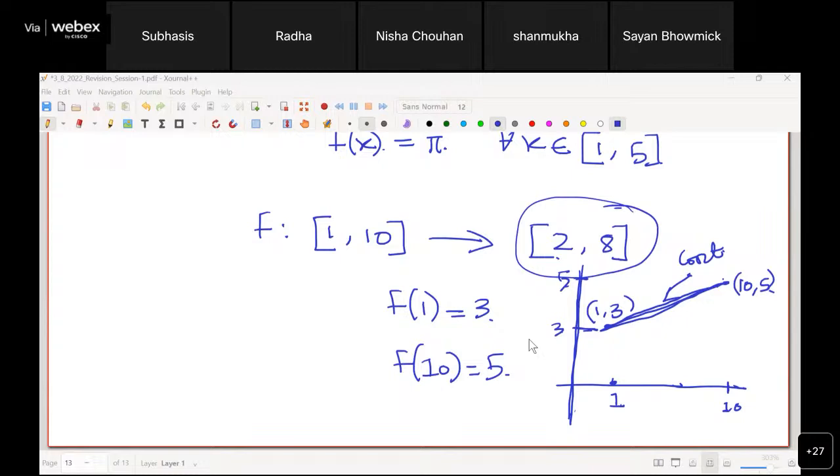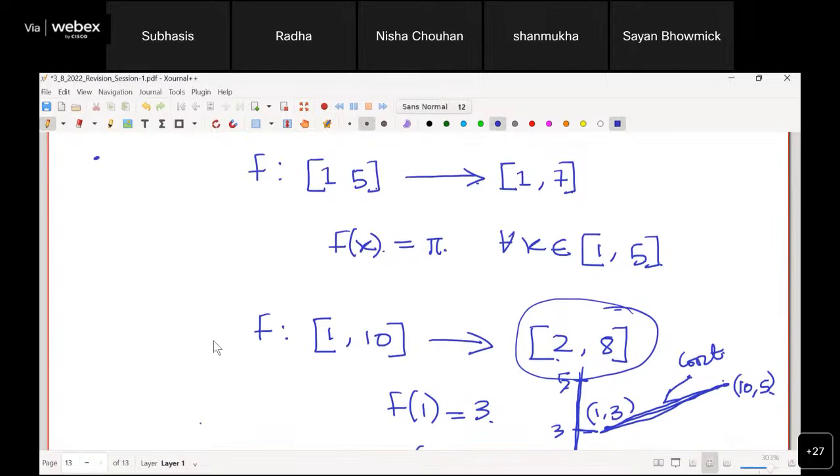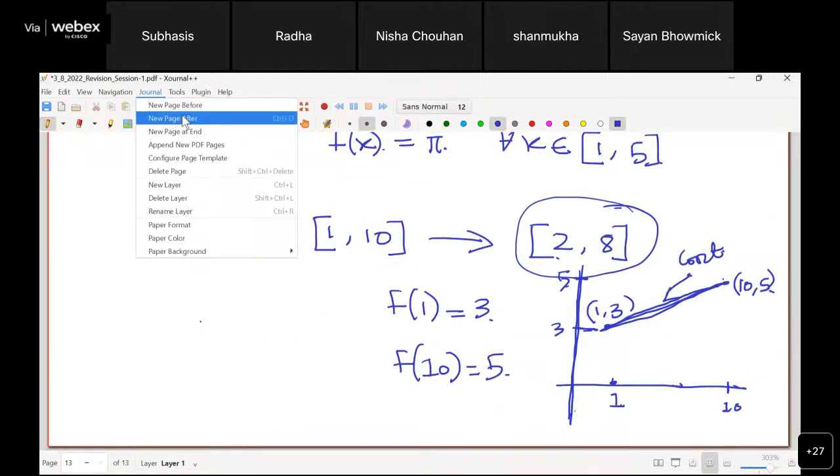There is a formula, like we have discussed. The limit as x tends to 0 of tan x by x is 1, right?